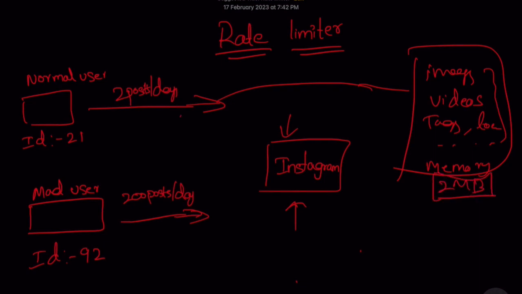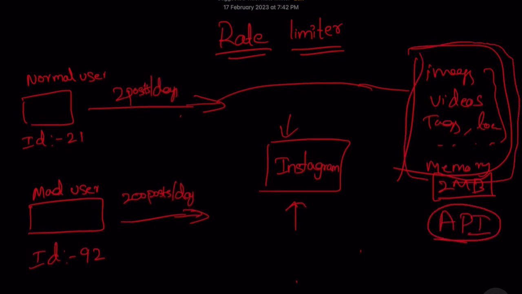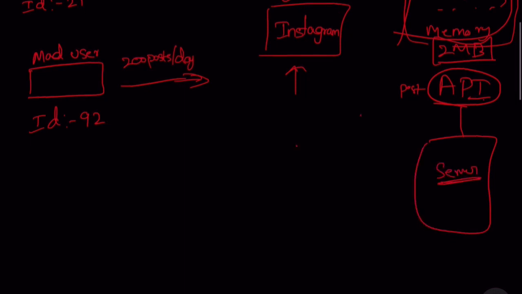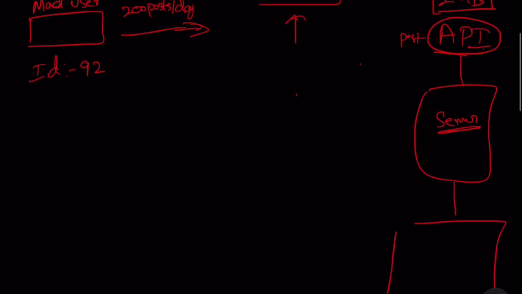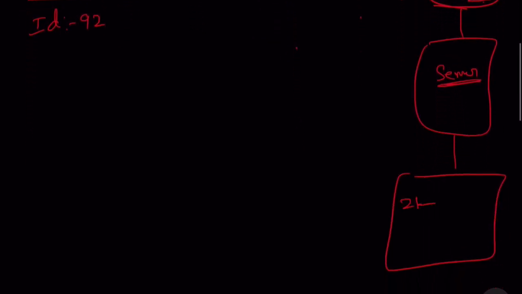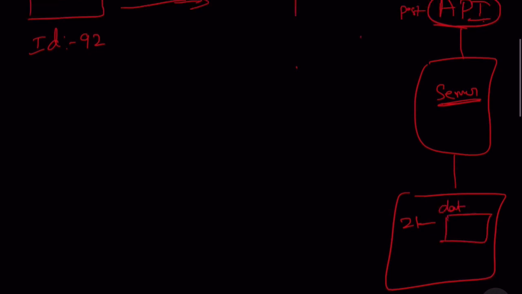Every time I post something, it calls an API, most probably a post API, which hits the Instagram server. The server internally stores this data for user 21: metadata, date, post details, the entire thing, in the database.